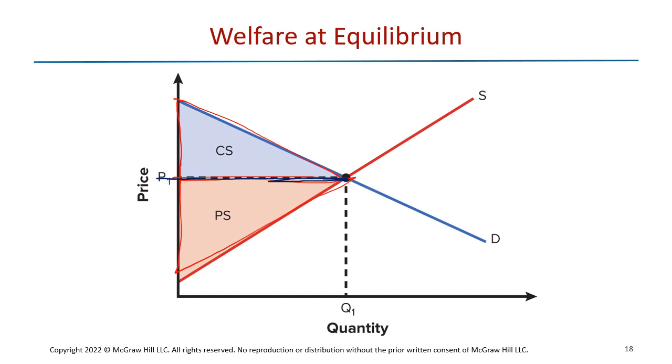Because if this line right here divides those in two, we'll just imagine that it severs that triangle and makes them two triangles. This one is attached to the demand curve, making that for consumers. And then this one is now only attached to the supply curve, making that for producers.